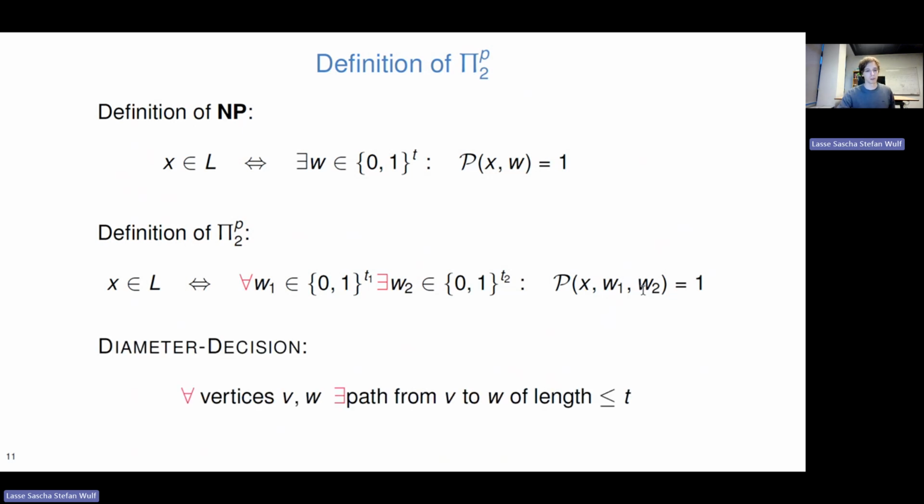Okay, so here's an example. Diameter decision fits this class of problems because the diameter of the polytope is small if and only if for all vertex pairs V, W, there exists a short path from V to W of length at most T.